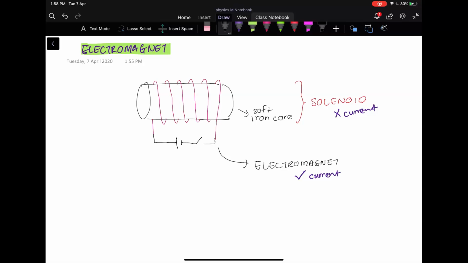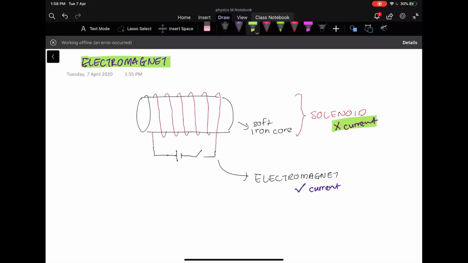Initially the switch is off, or not connected. No current flows through the circuit, so it acts like a solenoid, because no current is flowing through and the switch is off.